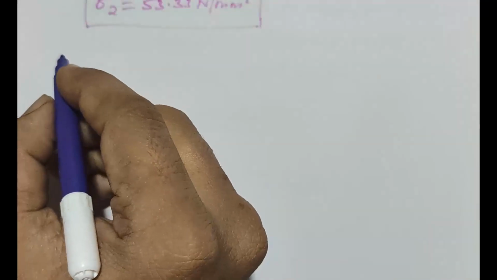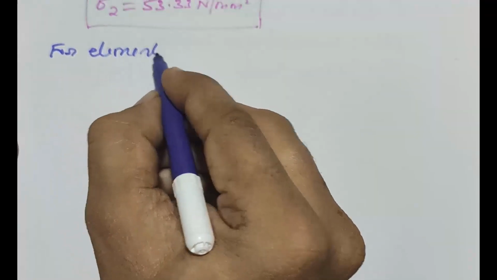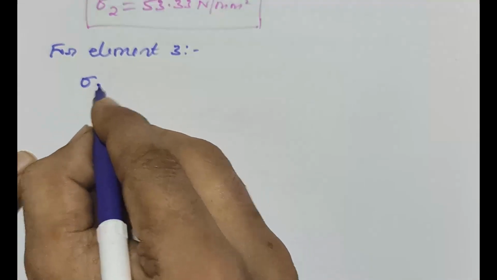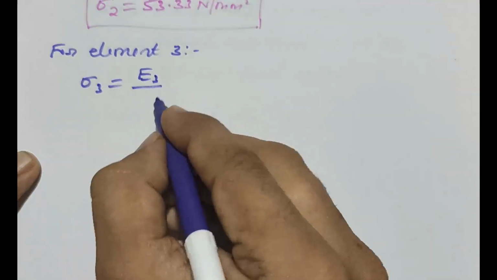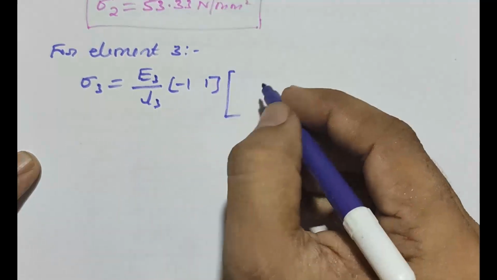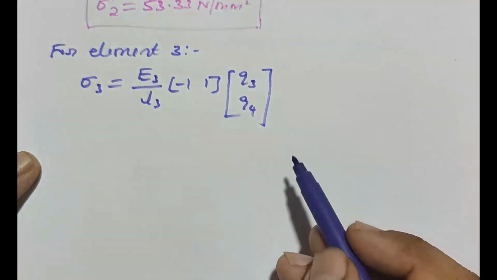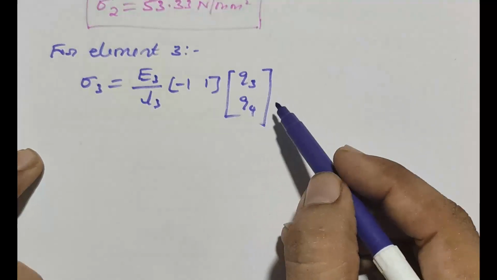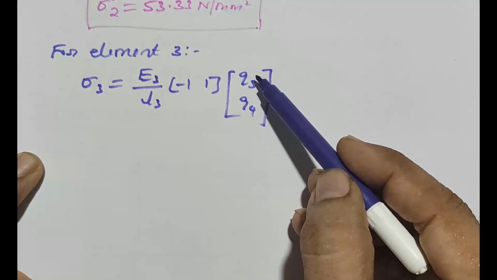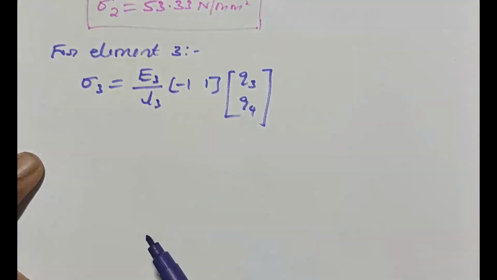Next, stress in element 3. For element 3, we have stress sigma 3 is equal to E3 by L3 [minus 1 1] [Q3 Q4]. Why here Q3 Q4? Because element 3 connects node number 3 and 4. The corresponding displacement is Q3 and Q4. That's why I have taken Q3 and Q4 for element 3.